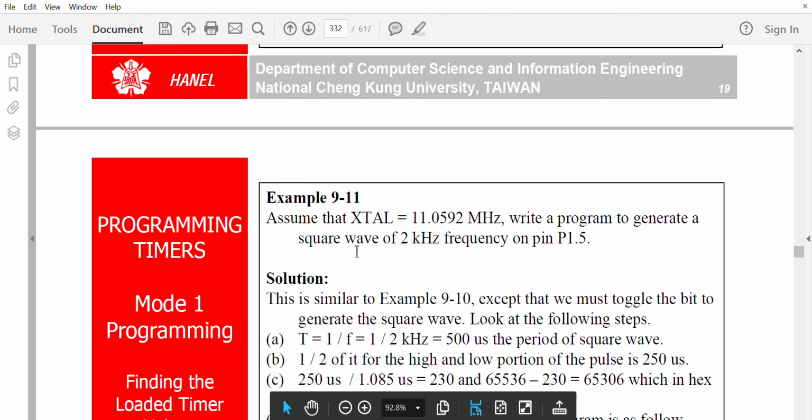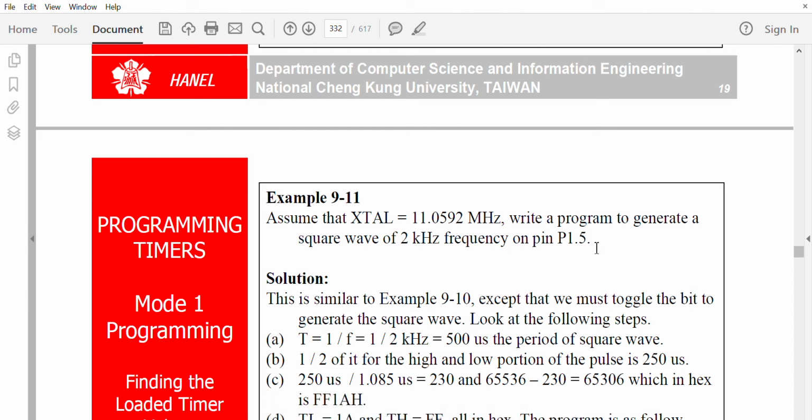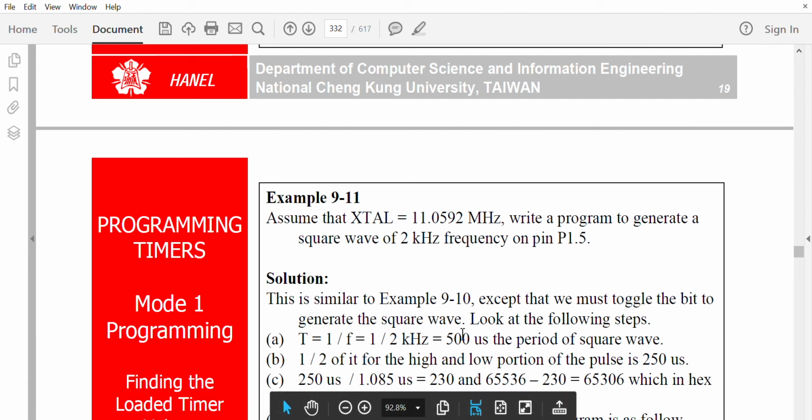Write a program to generate a square wave of 2 kilohertz frequency on P15. For 2 kilohertz, the time period is 1 by the frequency, that is 500 microsecond.